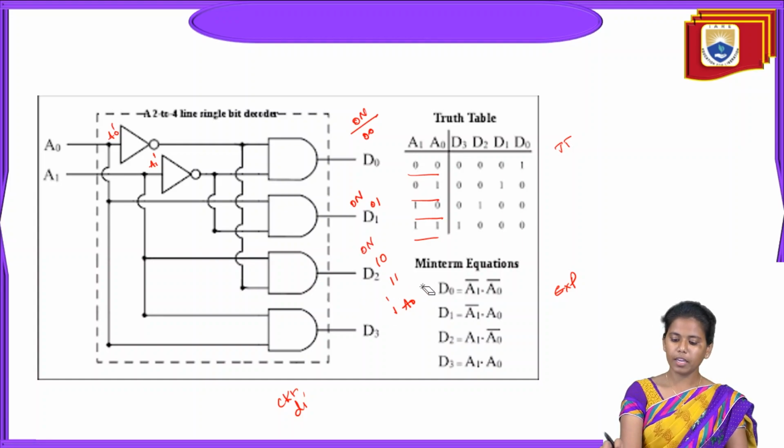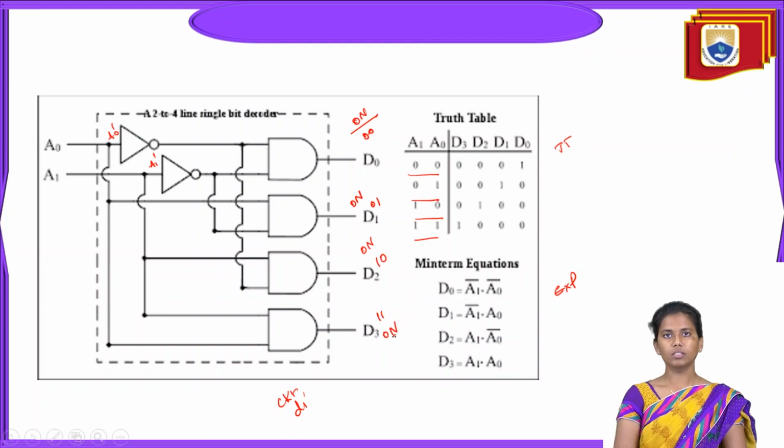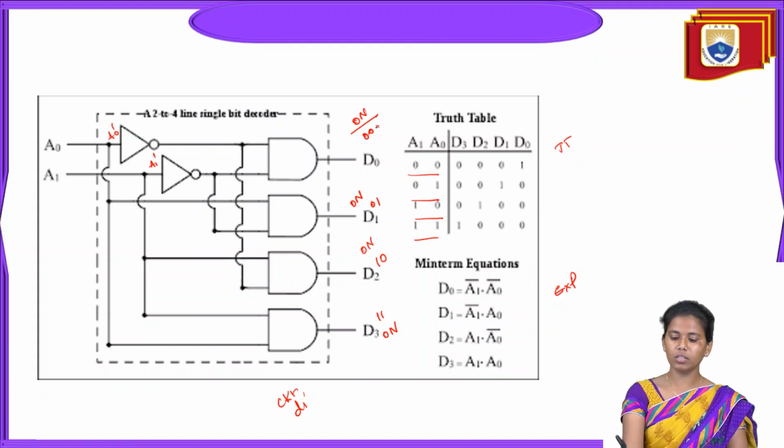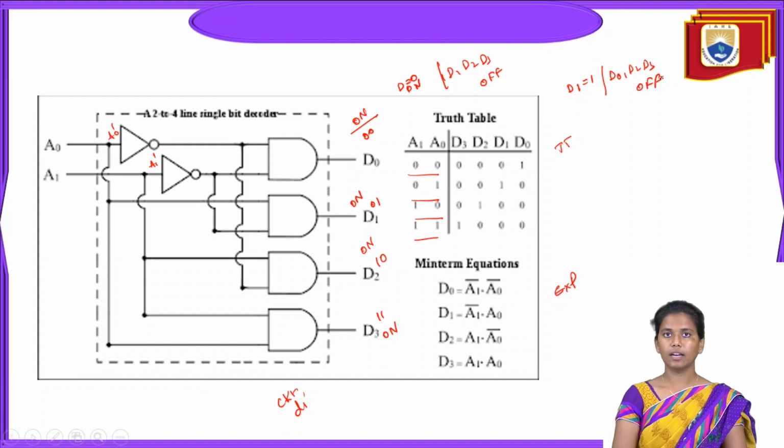When my inputs are 1 1, D3 will be in the on state. Remember that if D0 is in the on state, then D1, D2, D3 will be in the off state. Similarly, if D1 is in the on state, then D0, D2, D3 will be in the off state. Like that, that is how the truth table can be drawn.